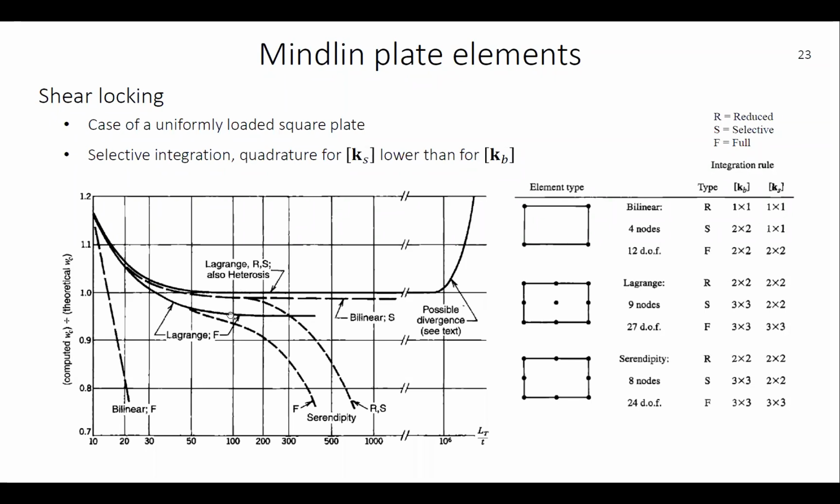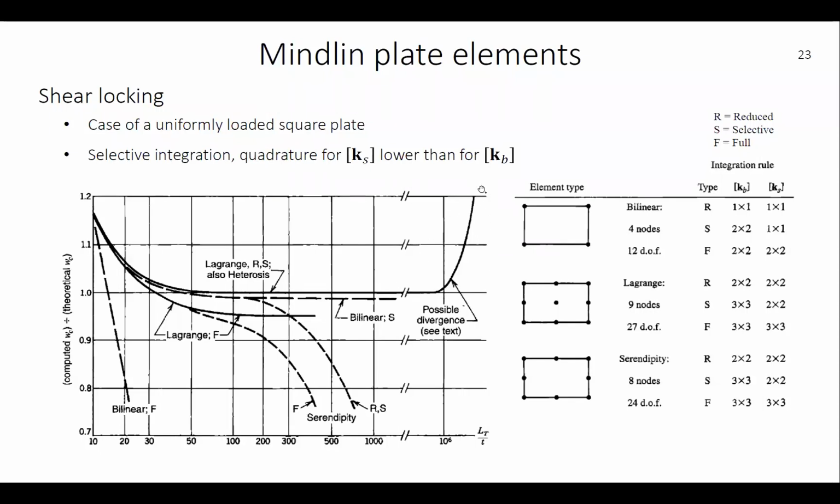And the 8-noded elements perform somewhat worse down here. But if you have reduced or selective integration, we have a great improvement of the element. So the higher order element with reduced or selective integration order performs quite well in this case.